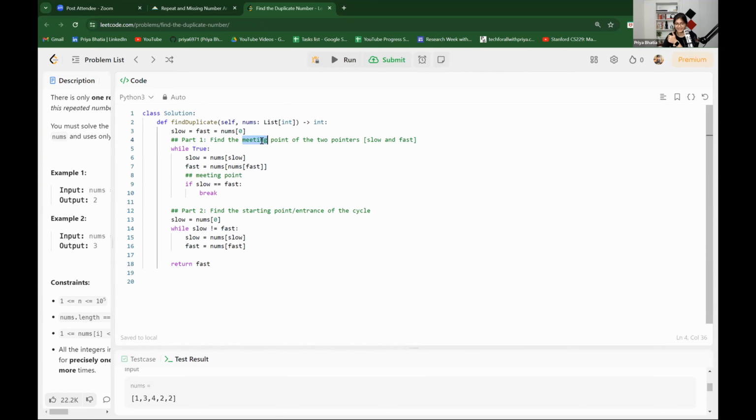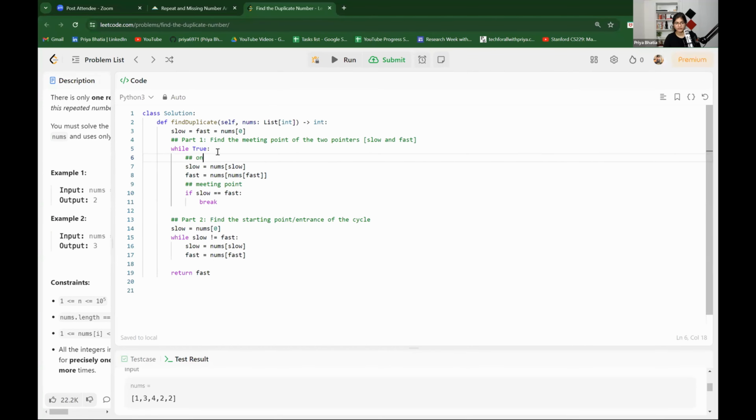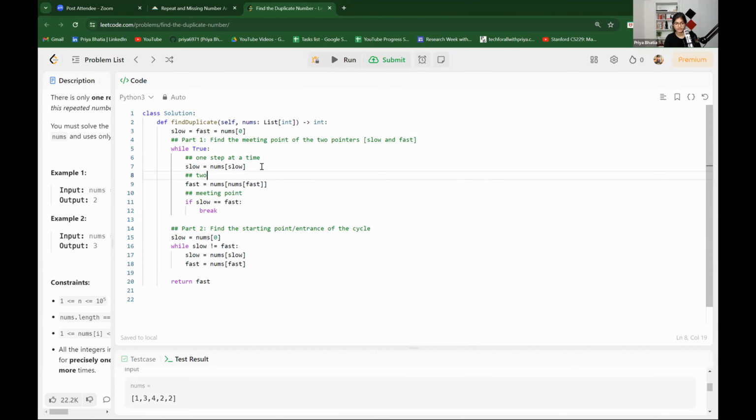First part is to get the meeting point. How will we be able to get it? By moving the slow pointer one step at a time, by moving the fast pointer two steps at a time. When they both meet, that is the intersection or the meeting point.